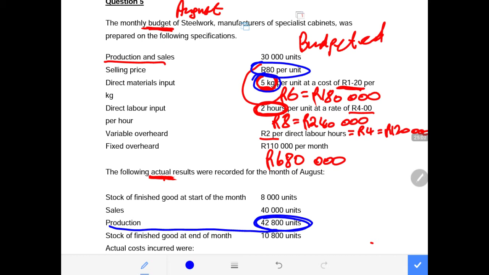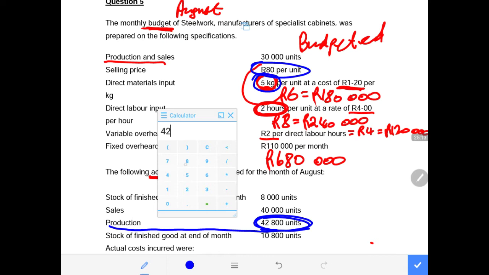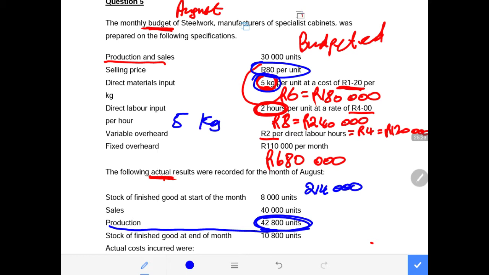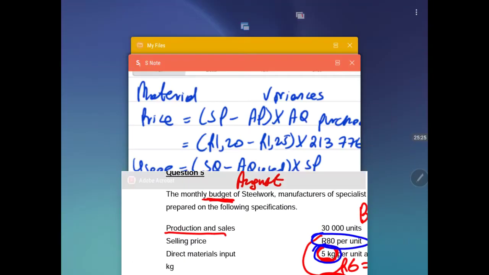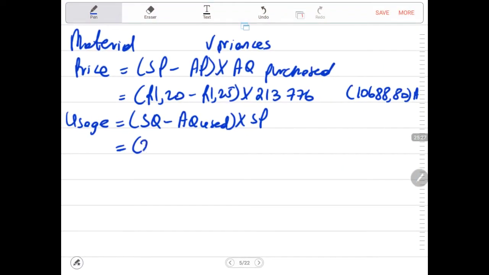Based on standard, if we need 5 kgs for every unit, then if we produce 42,800 units, we can say 42,800 times by the required kgs per unit. That means the company is supposed to have used 214,000 kgs.